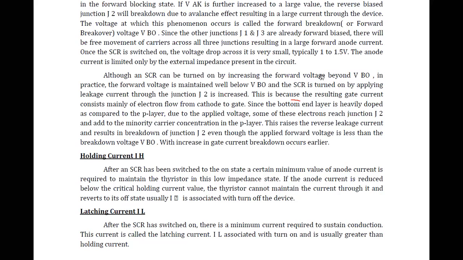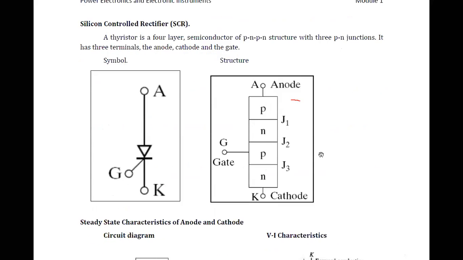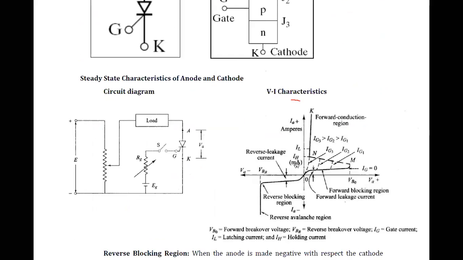Or the simple definition for the holding current is the minimum current required. Try to listen very carefully. The minimum current is nothing but the gate current here. So the minimum gate current required to maintain the SCR in the forward conduction region, or simply the on state. So what is the definition of holding current?